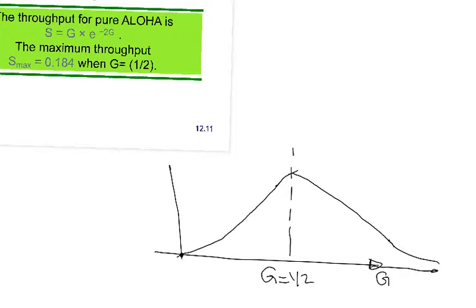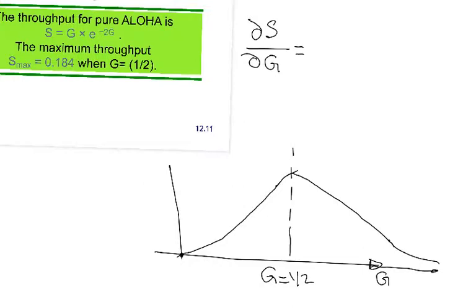So to get the value of g that maximizes the throughput, we can simply get the derivative of S with respect to g. We have two functions, an exponential function and a linear function. We assume this is f1 and f2.